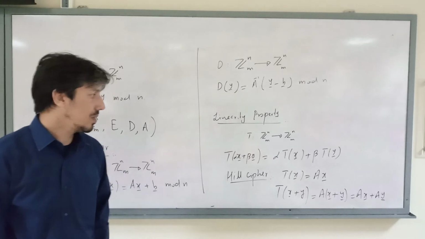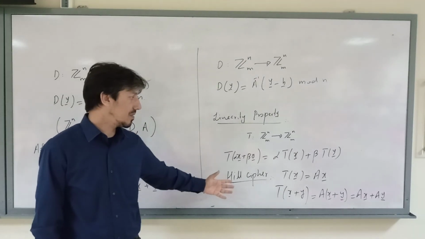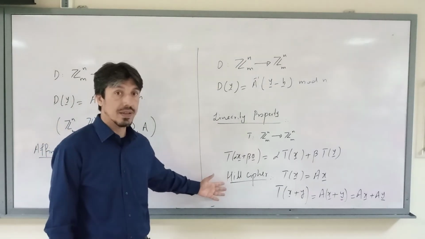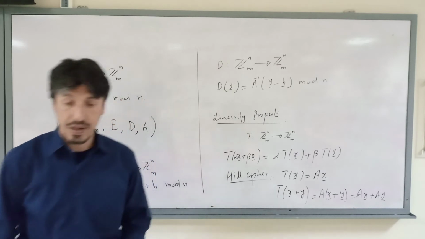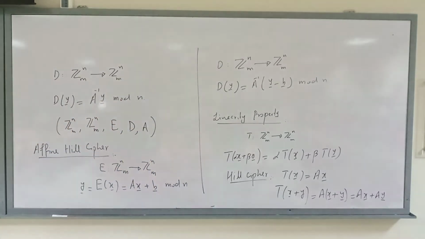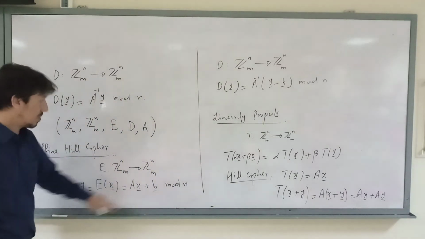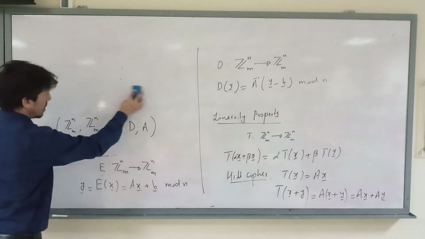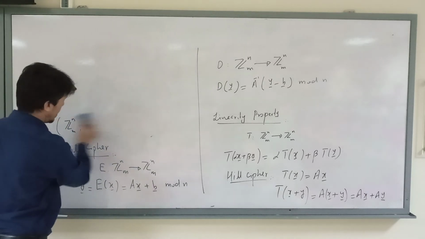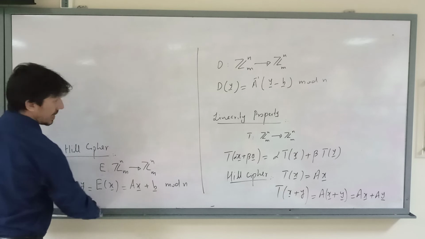So I told you the linearity property will be satisfied by the Hill cipher, but the affine Hill cipher, which is like this one, does not qualify the property of linearity.